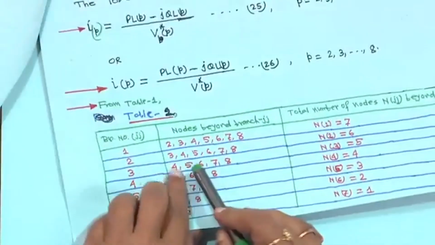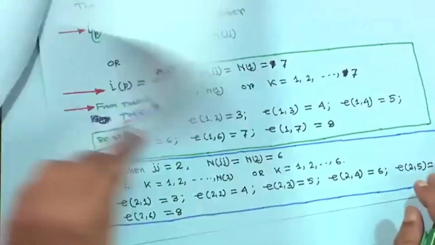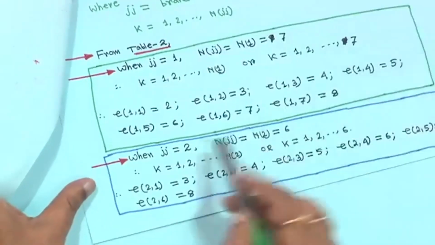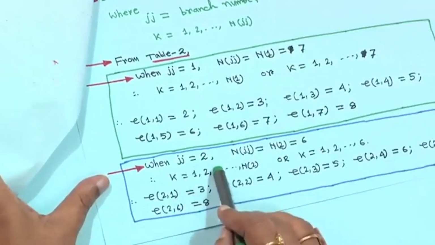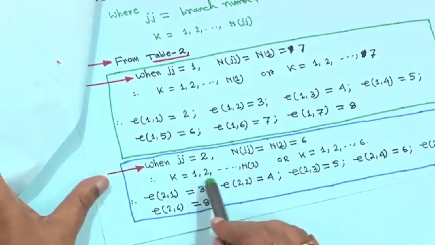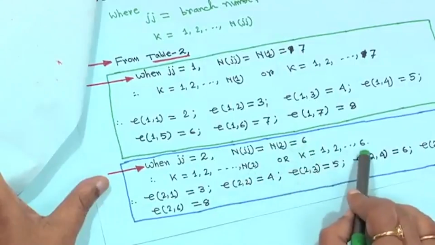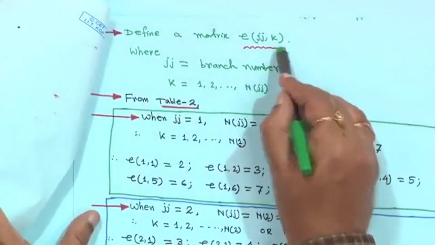That means there are 6 numbers here, so n2 is equal to 6. Therefore, when jj is equal to 2, it will be E21, because your matrix is Ejjk, and k is varying 1, 2 up to n2, that is 1 up to 6.